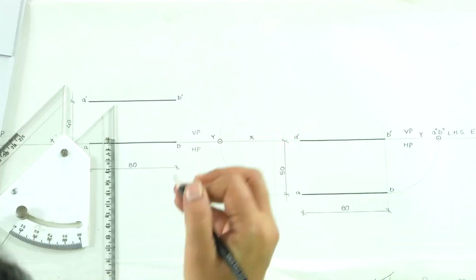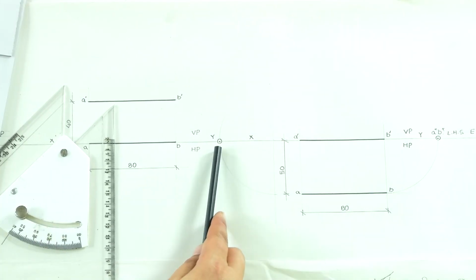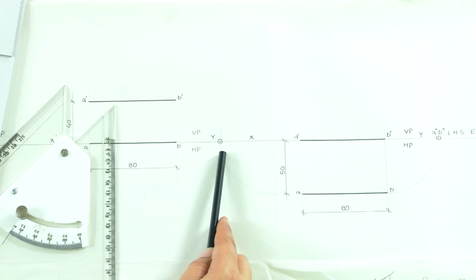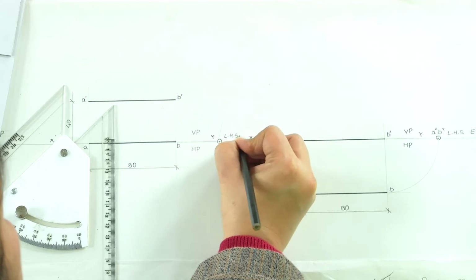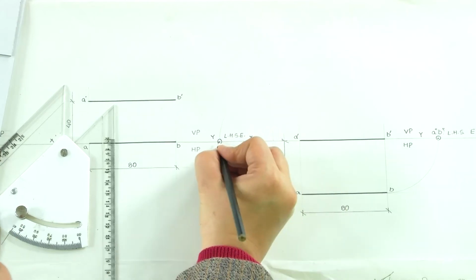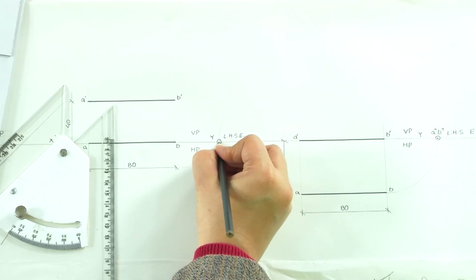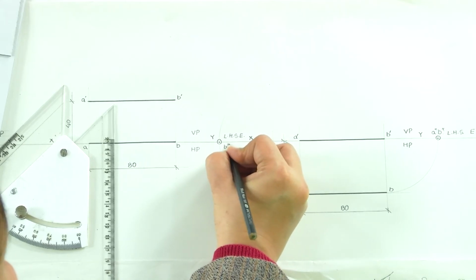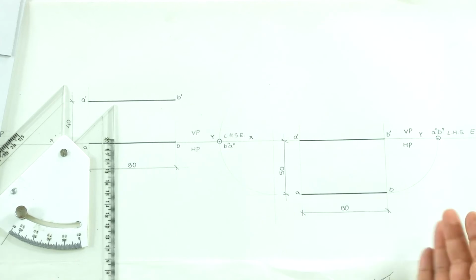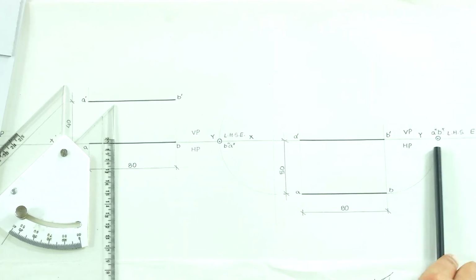In this case, this becomes the left hand side elevation, which is LHSE, and the nomenclature we use here for this point will be B double dash A double dash, because we are seeing it from this side, right hand side.